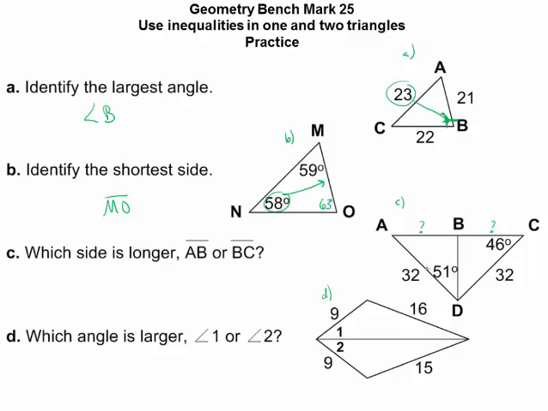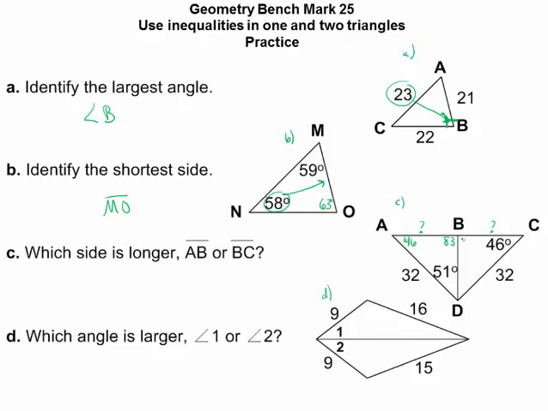Okay, which side is longer, AB or BC? Well, what I have is an isosceles triangle, the big triangle here. So if this is 32 and this is 32, that makes this also 46. At 46 and 51, I can find this right here. I take 51 and 46 and subtract them from 180, and I get 83.